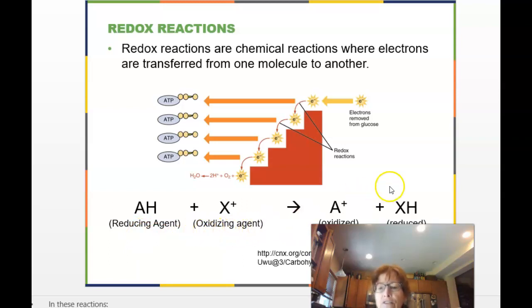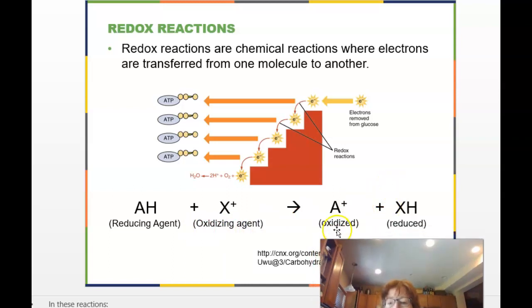And so if you just look on this little image here, you can see that in this case, here's the reducing agent, here's the oxidizing agent, and what we see is just a transfer, right? So now on this one, it loses the hydrogen, and therefore it becomes oxidized.